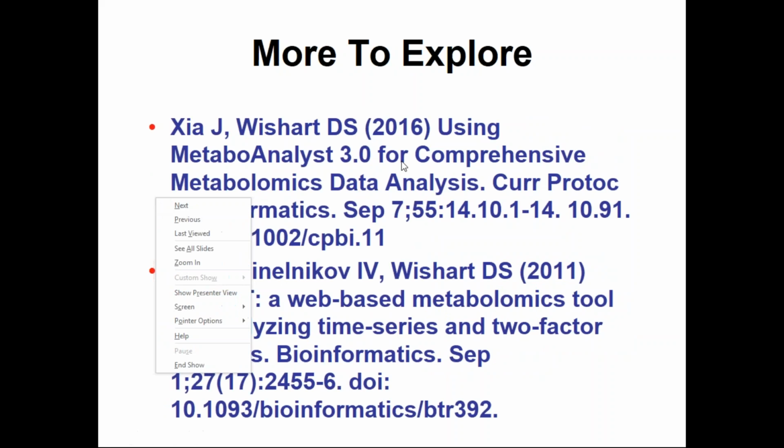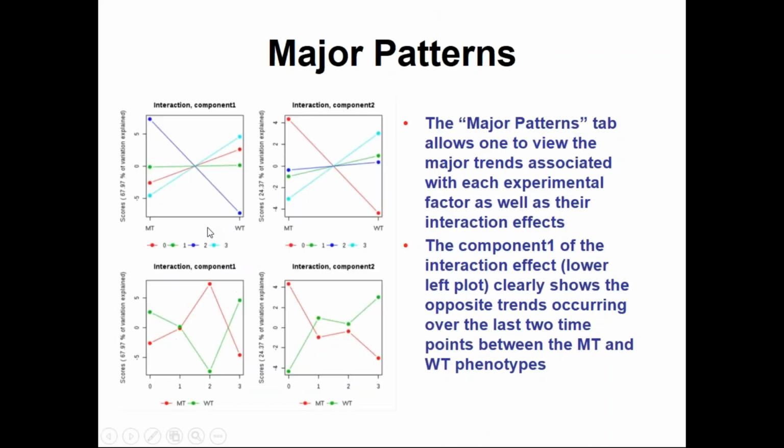How do I go back? I'll be careful here. I just won't touch things, but you can see some trends. There's component 1 on the left, component 2 on the right. And they're very different between the mutant and the wild type. And you can see that explanation when you look at the time trend.